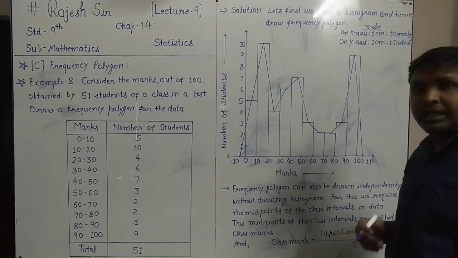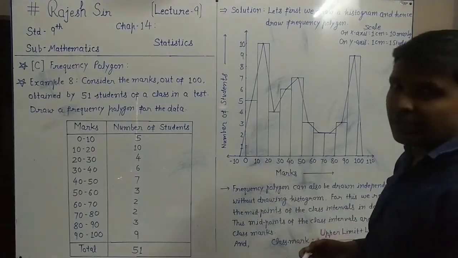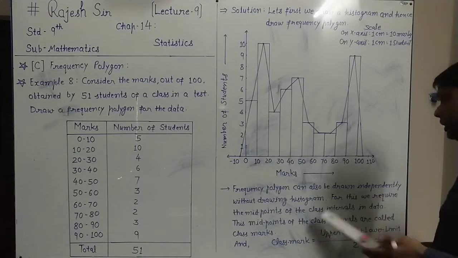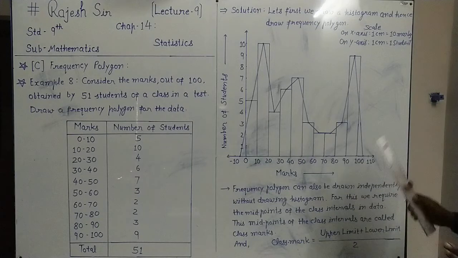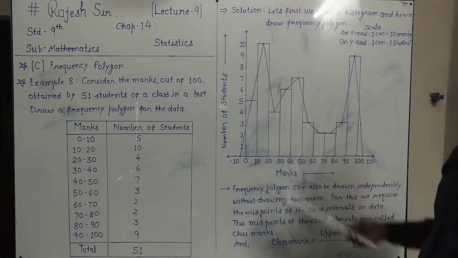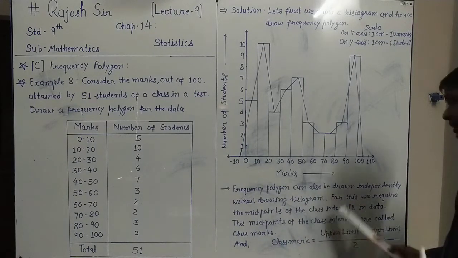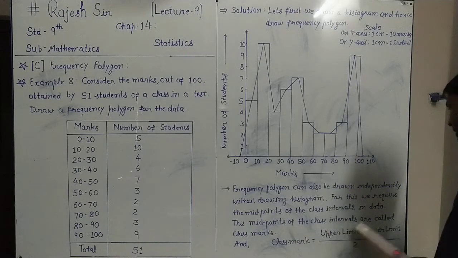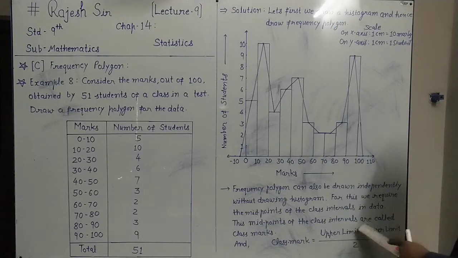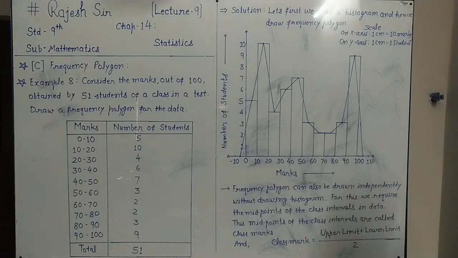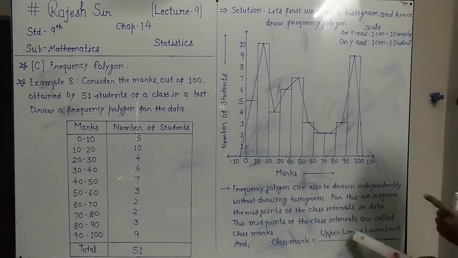And if you want to draw it directly without drawing the histogram, then also you can. The frequency polygon can be drawn independently without drawing a histogram. For this, we require the midpoints of the class intervals, which we actually joined. If we find the midpoints of the class intervals directly, they are called class marks. The formula to get the class mark is class mark equals upper limit plus lower limit upon 2.